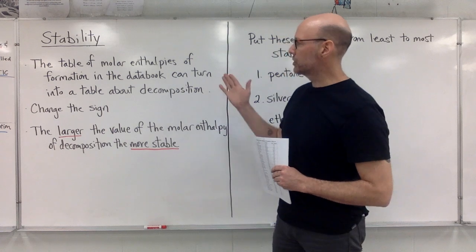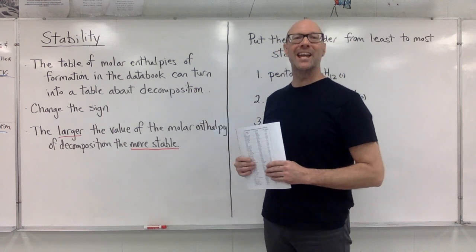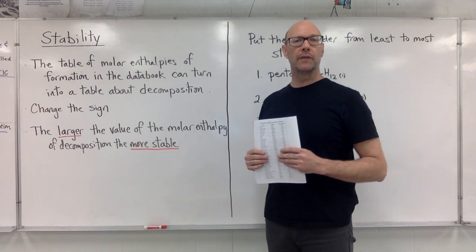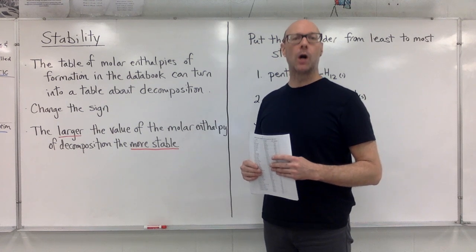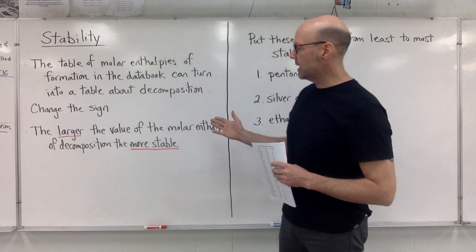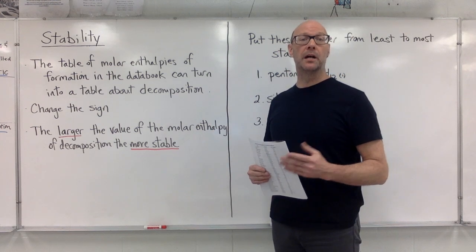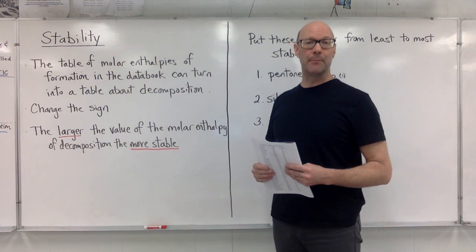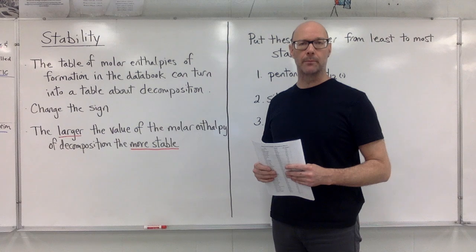So what we need to do is look up our chemicals in the data booklet and change the sign. And that will give us standard molar enthalpies of decomposition. And then the larger the value, the bigger the molar enthalpy of decomposition, the more stable the chemical is. The harder it is to break down, the more stable.